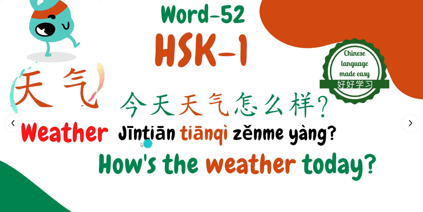How's the weather today? Okay, so I have told you the word by word meaning of this sentence, and it means how's the weather or how is the weather today. 今天 today, 天气 weather, 怎么样 how is it like today? How's the weather today?